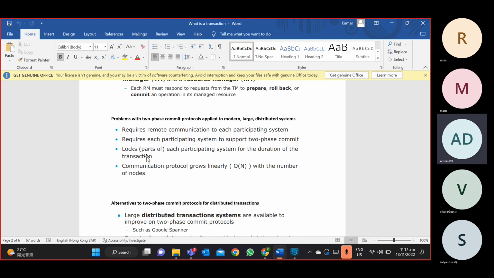So whenever you are going to apply this XA transaction, you need to think about this also. Is everyone clear with this point? This point is very important.